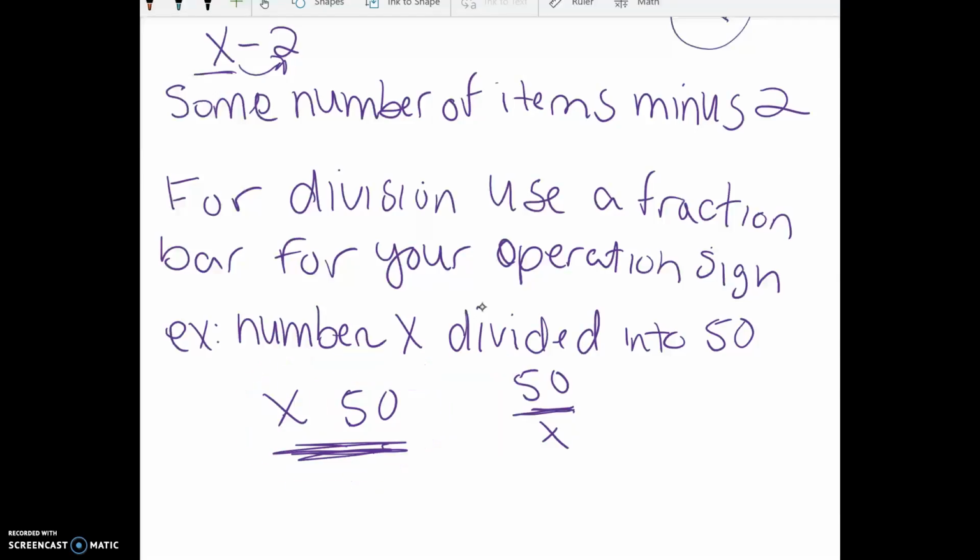So the top number falls into the house, and that's why the 50 would be on top and the X is on the bottom. Just so writing out the equation and really thinking about it again helps me think about what the order would be when I'm writing out my expression. So I want to use 50 divided by X.